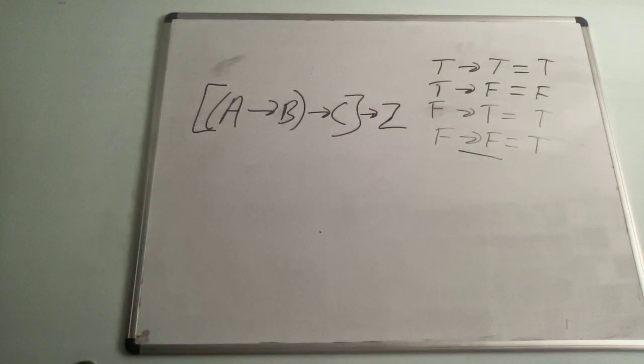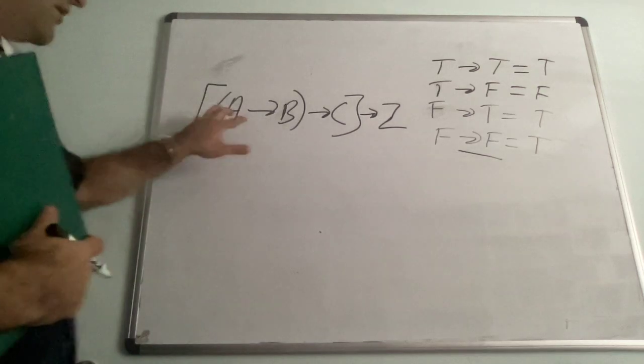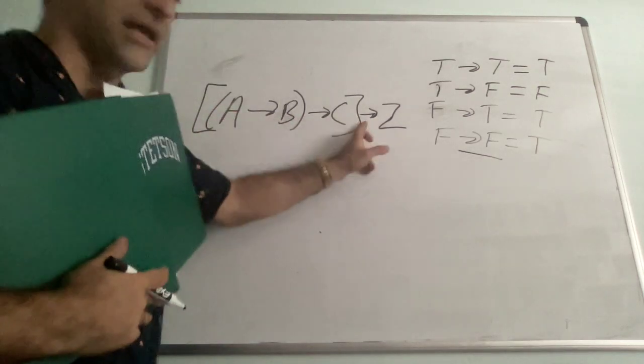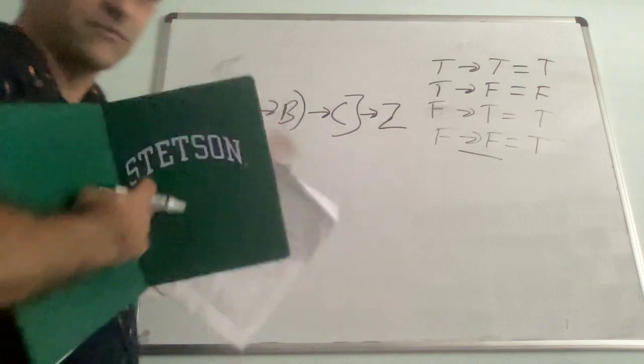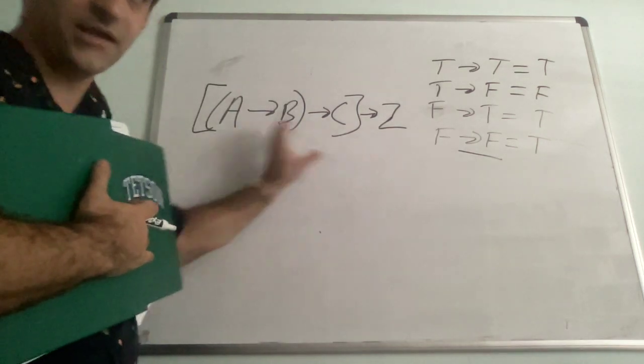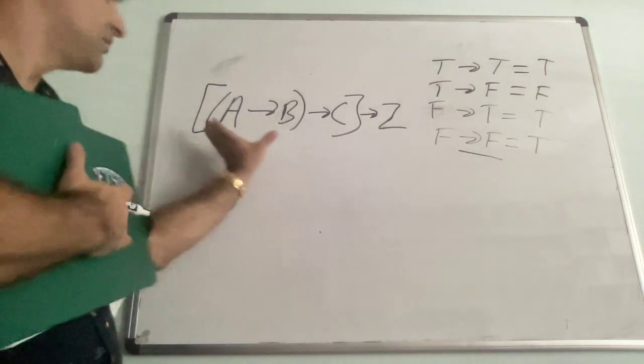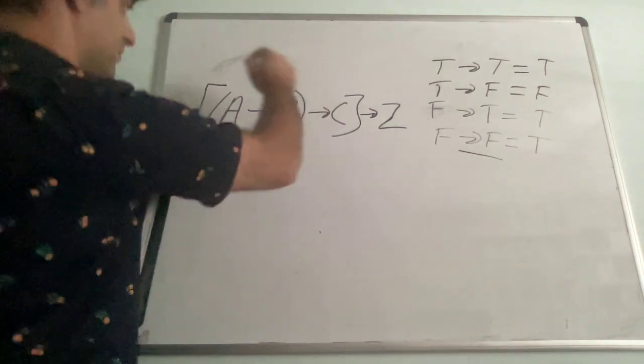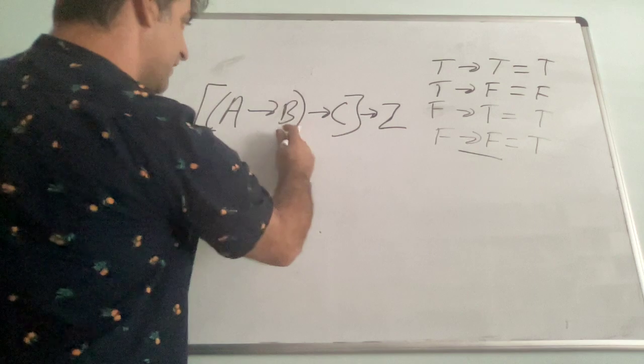Okay? How do you deal with this? Main connector, left side, right side. Now within this statement, the brackets encompass the whole thing.